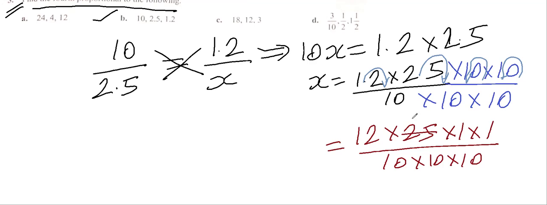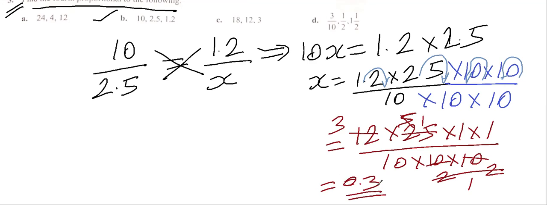Now 5 fives are 25, 5 twos are 10, 5 ones are 5, 5 twos are 10, 2 twos are 4, 4 ones are 4, and 4 threes are 12. So I will get 3 by 10, which is nothing but 0.3. So 0.3 will be the answer for this. Clear?